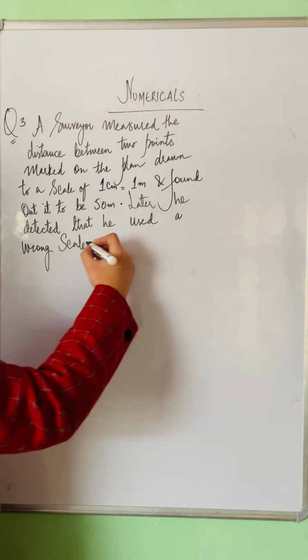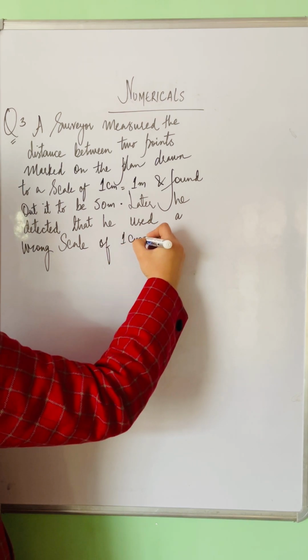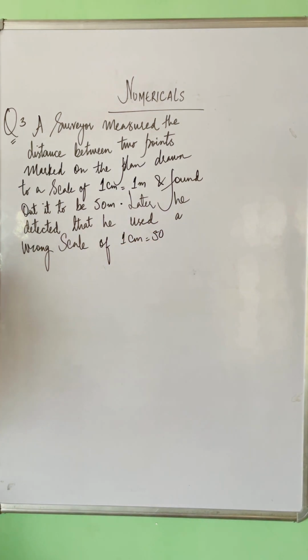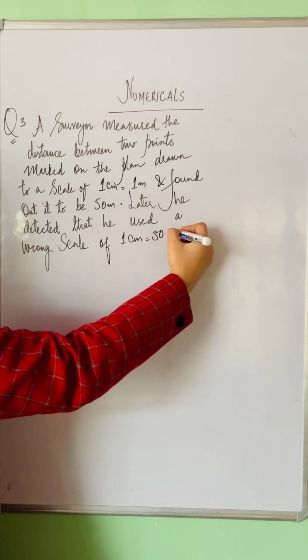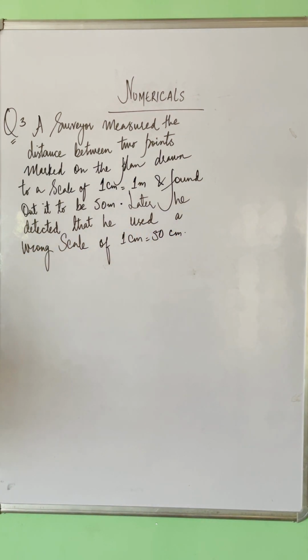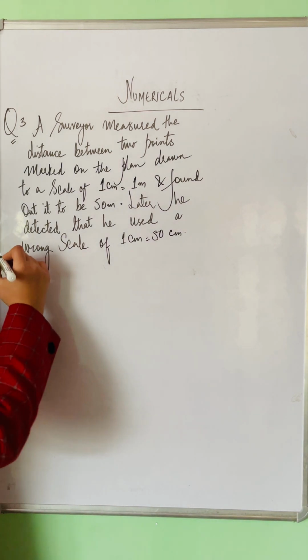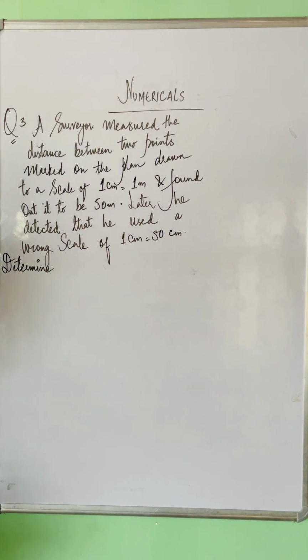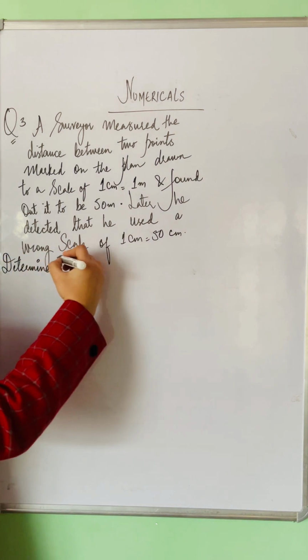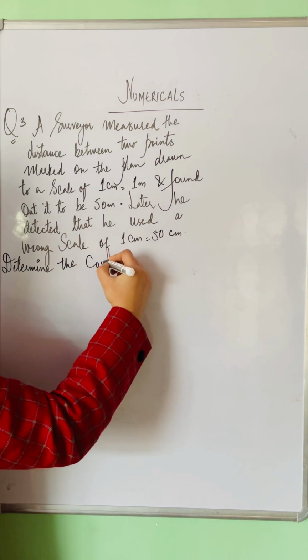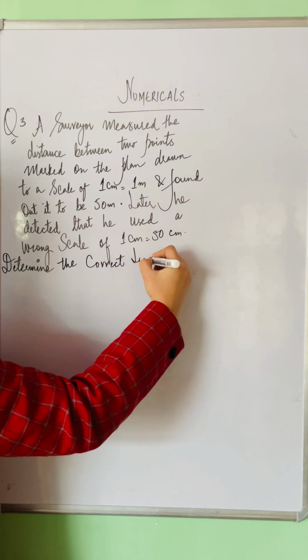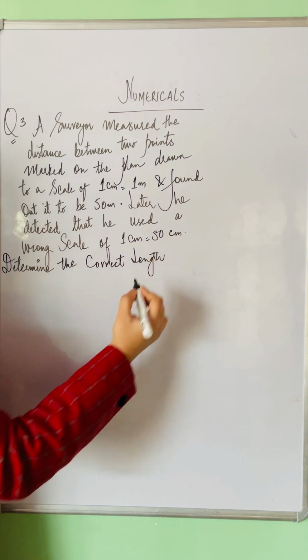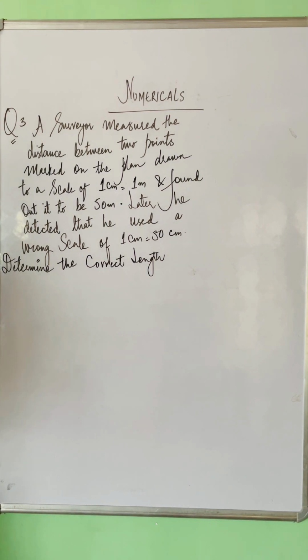Of 1 centimeter is equal to 50 centimeters, right? We have to determine the correct length and what would be its area.